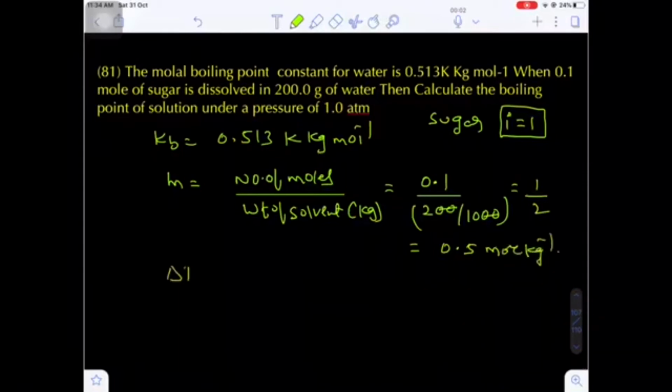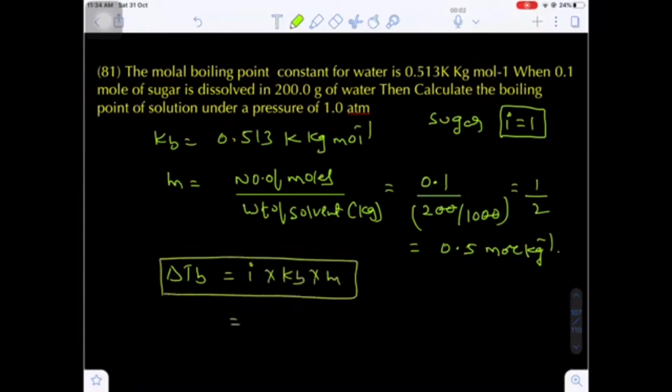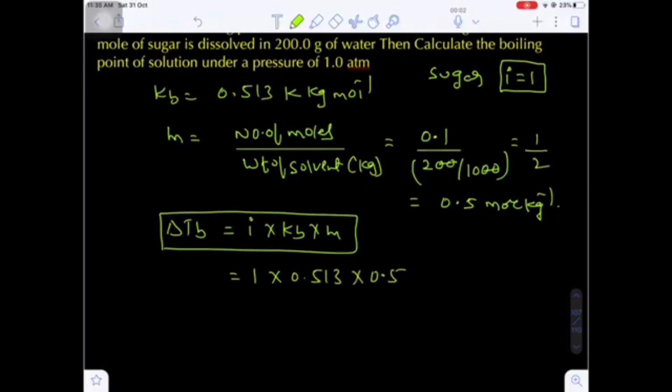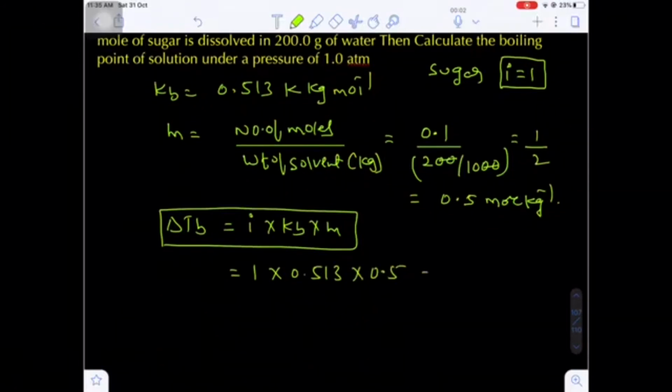Now what is the elevation in the boiling point? Delta Tb equals i into Kb into molality. Now i is taken as unity, Kb is given as 0.513 and the molality is 0.5. After simplification, 0.2565. Now what is delta Tb?